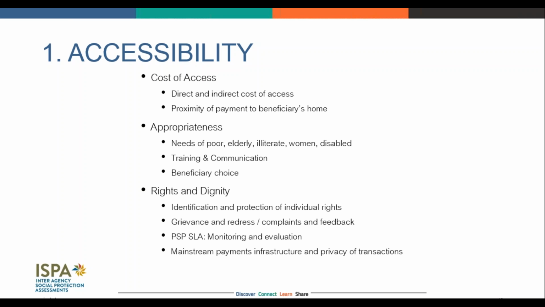If the norm in a particular country is 10 kilometers to reach a primary healthcare facility, then when you're thinking about delivering payments, if you're delivering very, very much closer, that may not be appropriate because you can't use existing infrastructure.